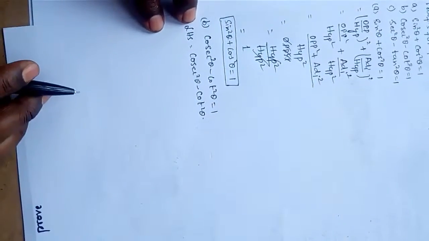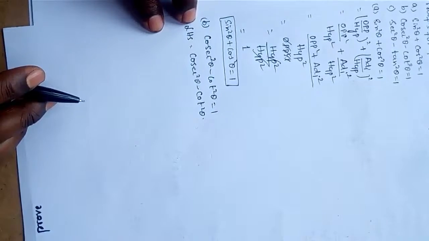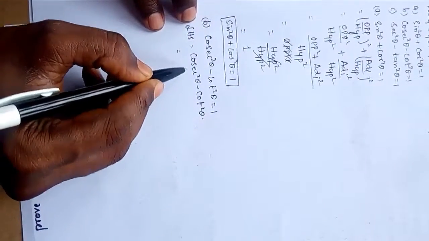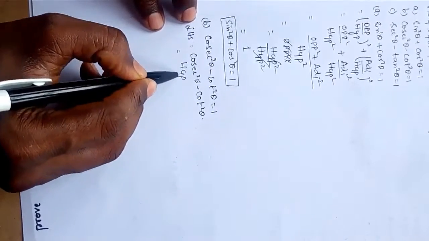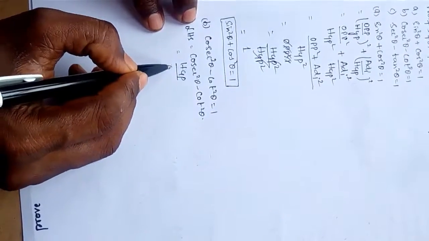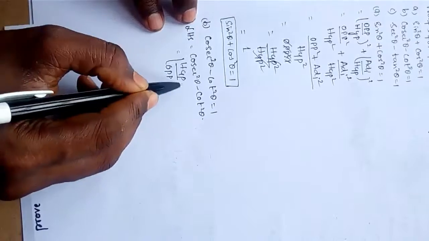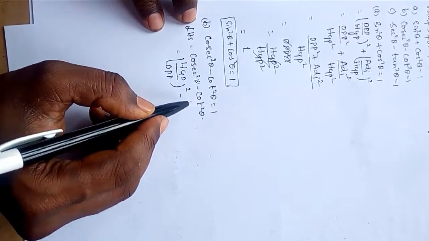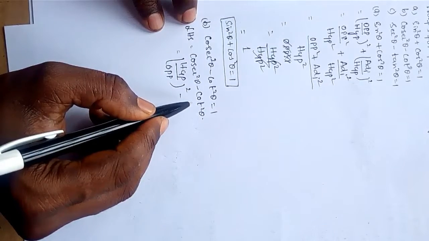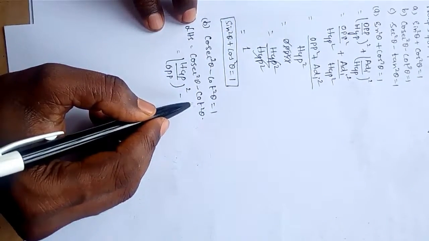The ratio for sine is opposite by hypotenuse, so directly we can write the reverse ratio. So this is hypotenuse by opposite, squared, minus cot, which is the reciprocal of tan.